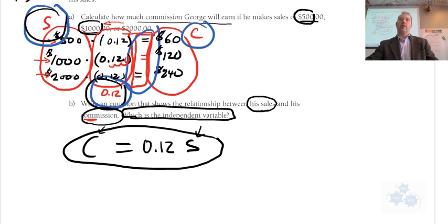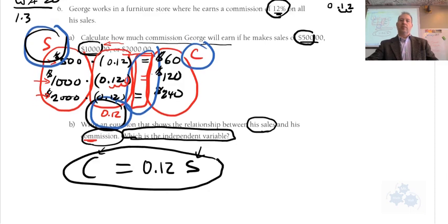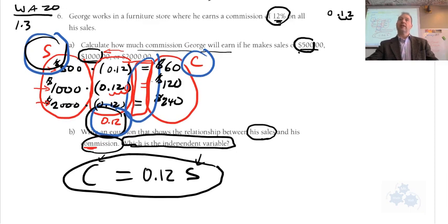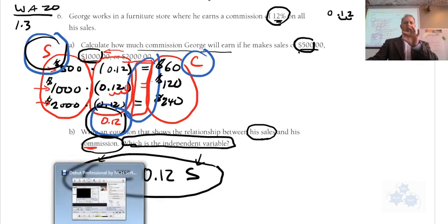Right, the sales. We determine the commission because we started with the amount of sales. So we started with sales, then we multiplied by 0.12 to get commission. So the one we start with is the independent variable. The one we get is the dependent variable.